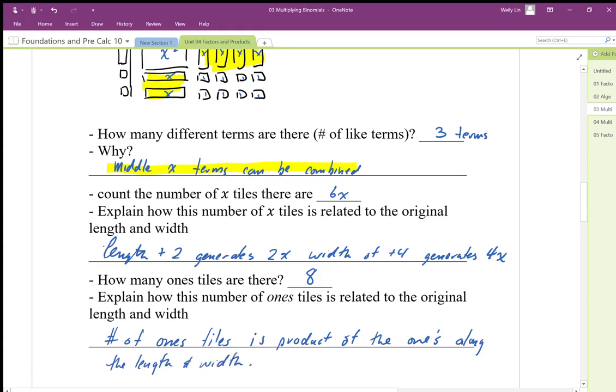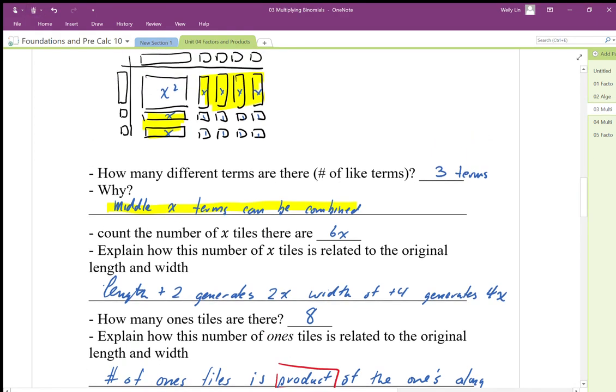Okay, so we know that this is a product, and I'm just going to make sure that this product is going to give us this area. So these ones along here and these ones along here, the product is going to give us the ones area.